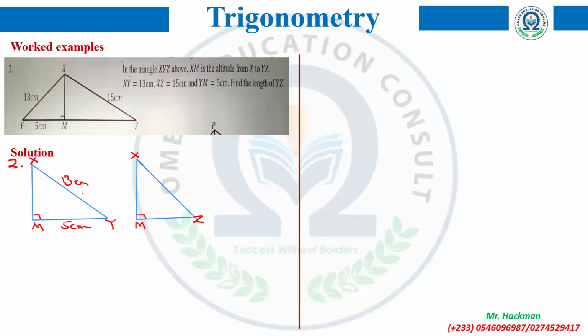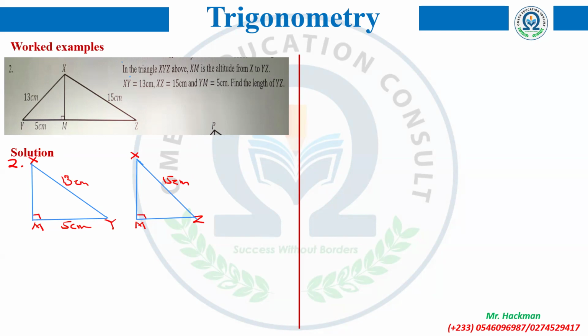Okay, I'm done with this particular one. Let me come to this one. The only side that I know is XZ. XZ here, we are told, is 15 cm. All correct. So now we've been able to attach all the possible information that could be attached. Is that clear?